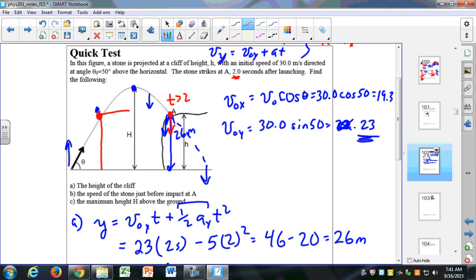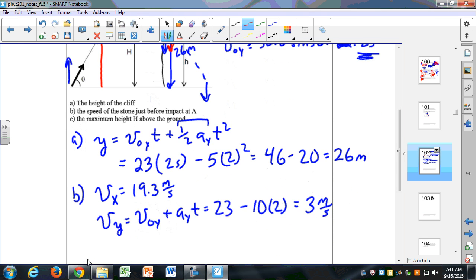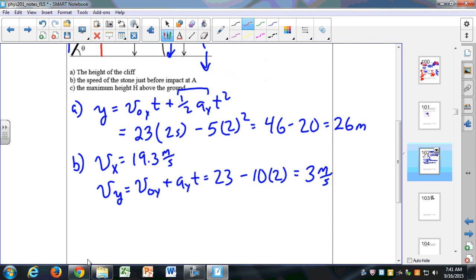Okay, so now I can find my velocity at that point. It's just going to be the square root of these two components, 19.3 squared plus 3 squared. That's going to be approximately equal to 20 probably, right?